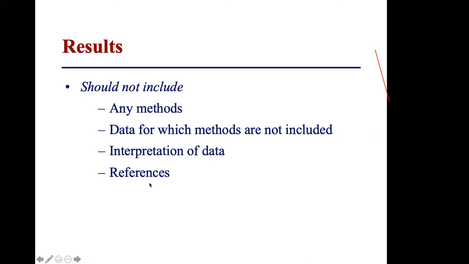And finally, if you have a desperate need to add a reference at the end of a sentence in the results section, then that particular section needs to move elsewhere. Results cannot have a reference because the results belong to you and can't refer to anybody else's results.